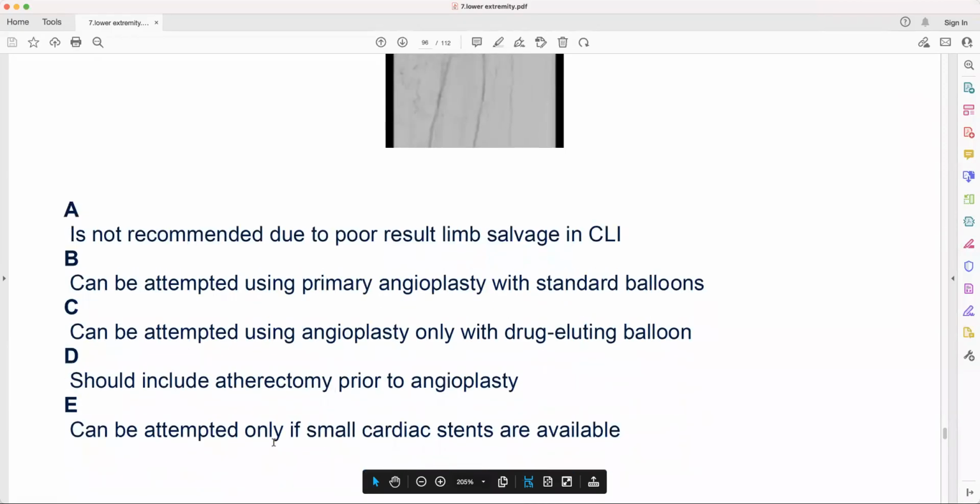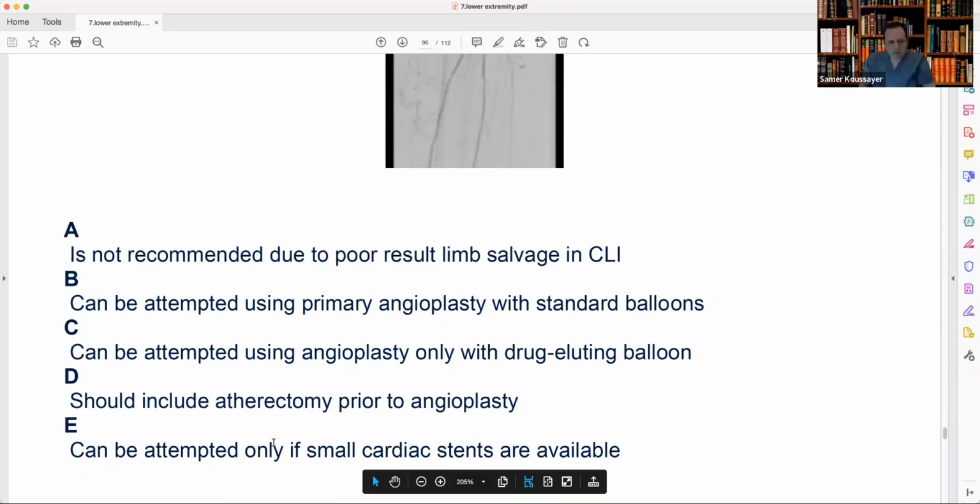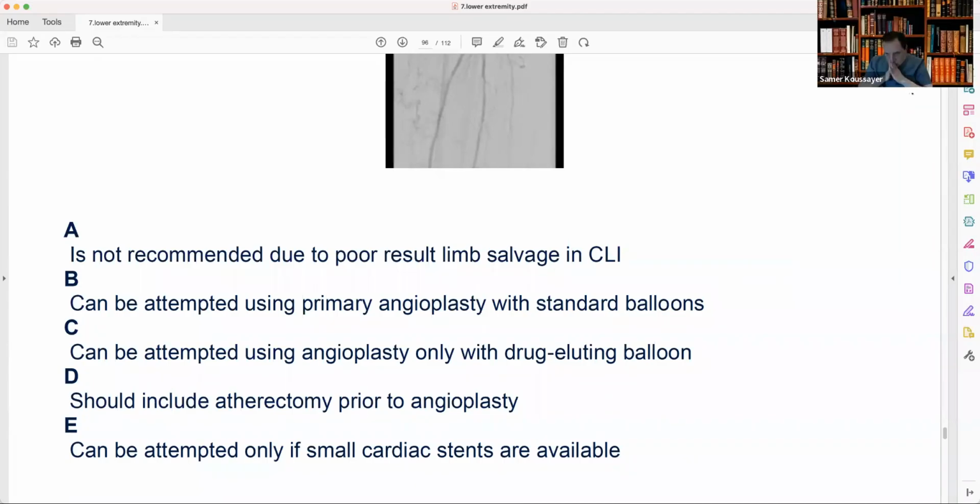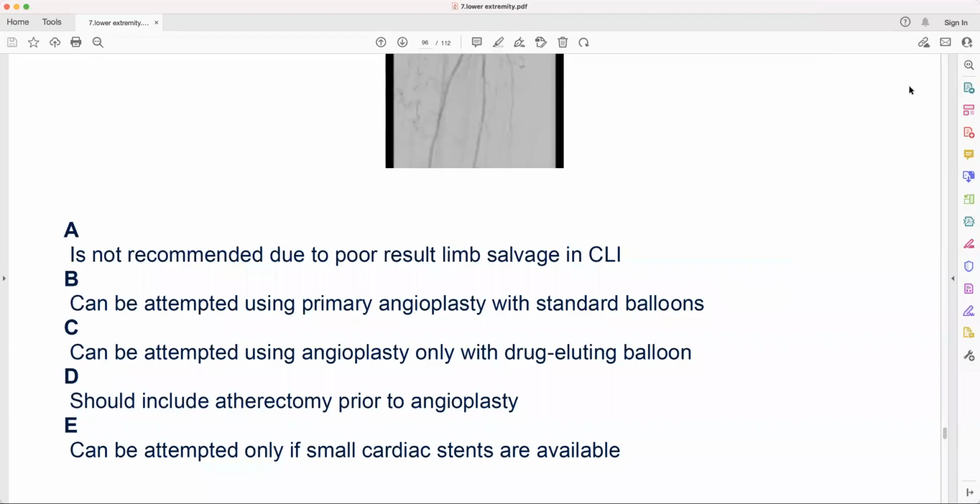Ali, do you have anything to add? Good evening, I'm following. I use some cardiac stents, sometimes drug-eluting with the sirolimus cardiac stent, because I think they are better than paclitaxel in these cases.